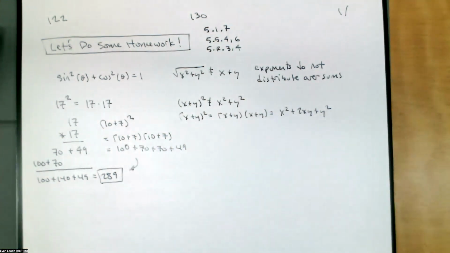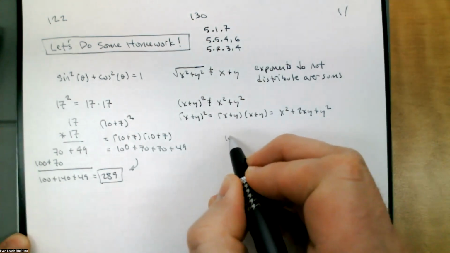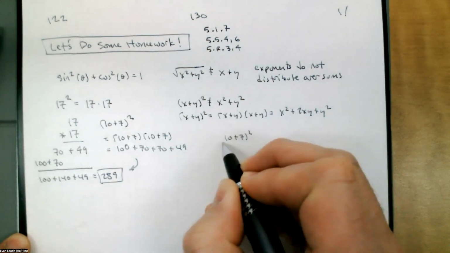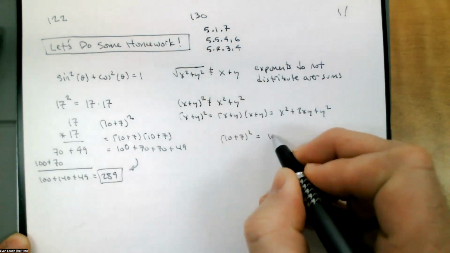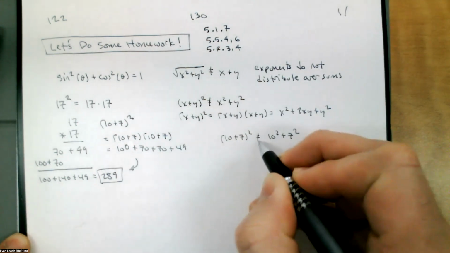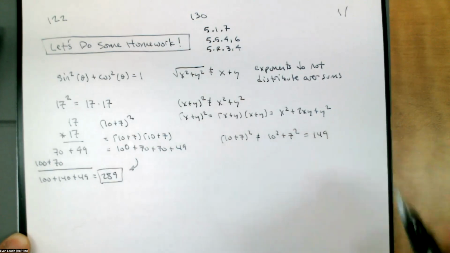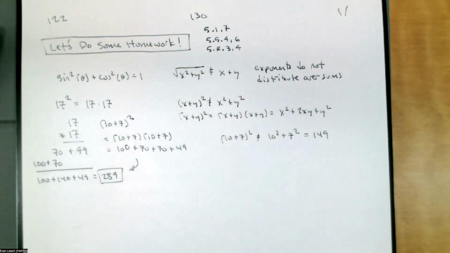So we can't just square the 10 and square the 7 and say it's 149. We'll be missing out on 140, right? So we wouldn't say 10 plus 7 squared is 10 squared plus 7 squared. And we can see exactly what we're missing. We're missing the 2 copies of x times y.